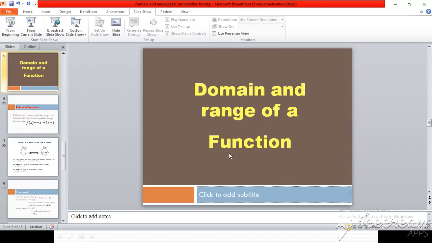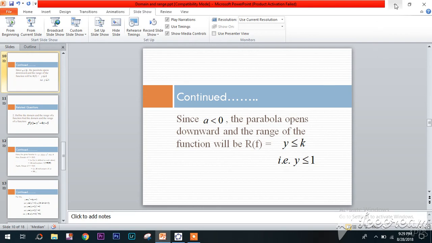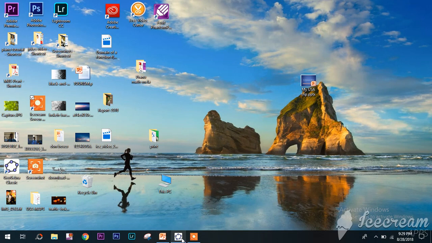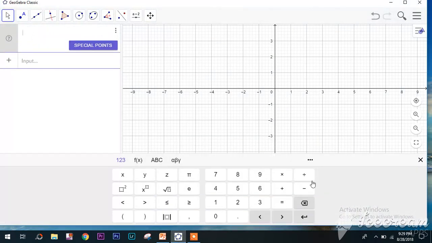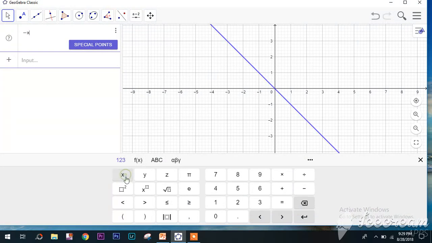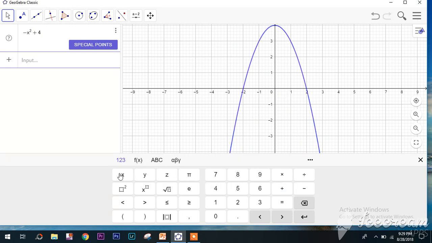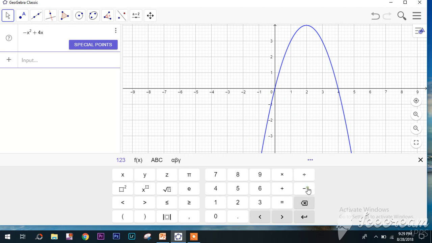Now let's observe through our GeoGebra. Here let's define -x² + 2x - 3.